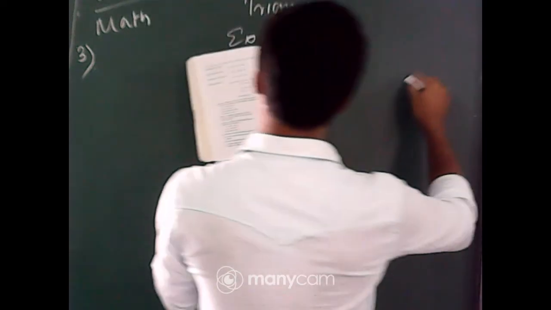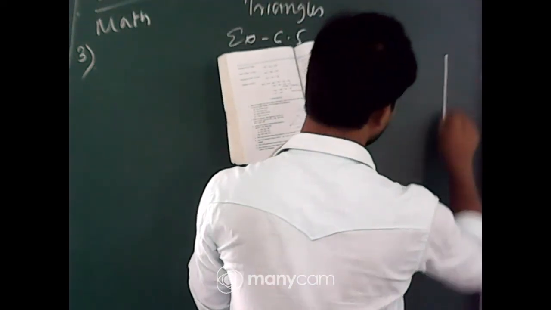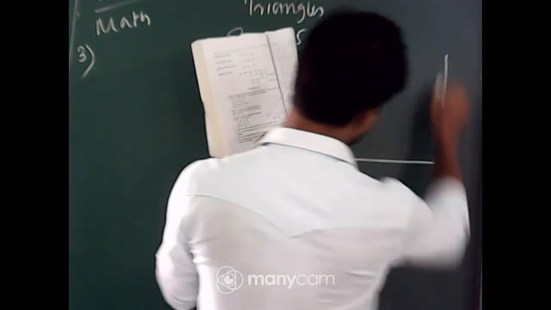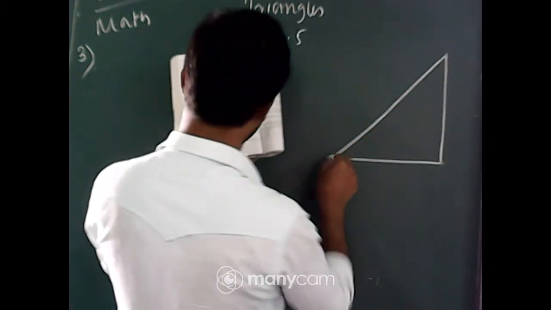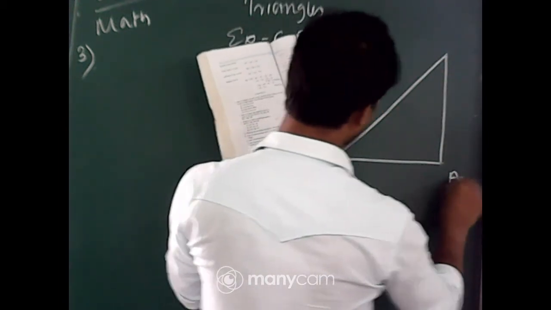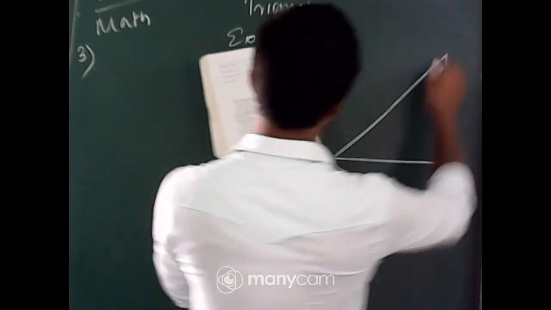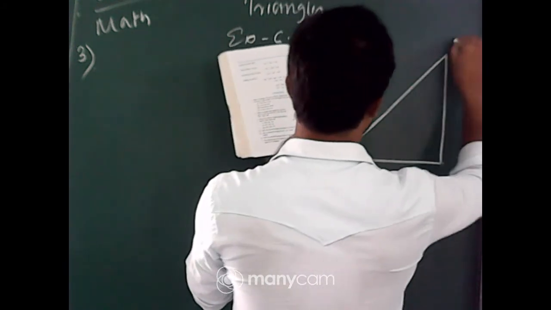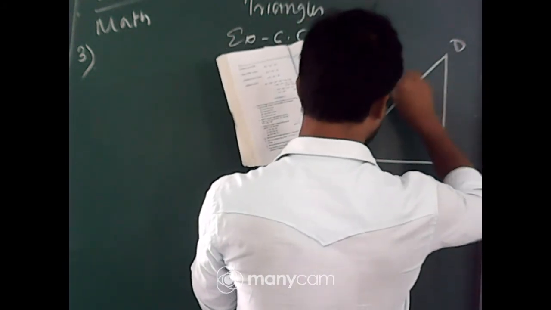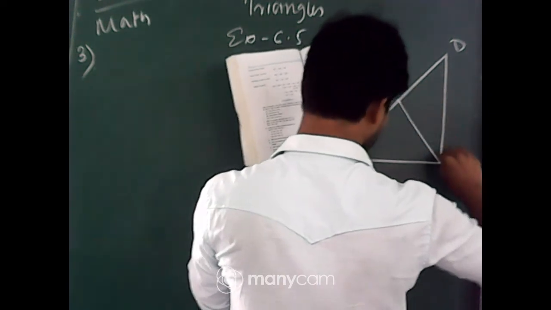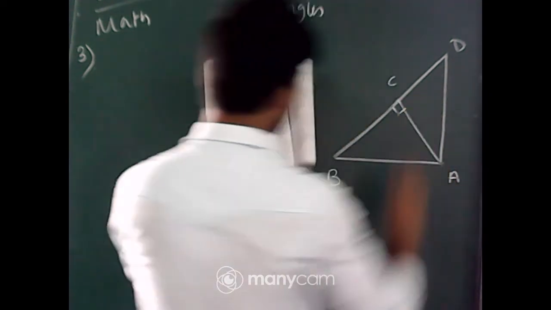Question number 3: in the figure 6.35, the diagram is given here. One triangle ABC. Let's draw the triangle ABD, and one point C is here, such that this angle is 90 degrees.